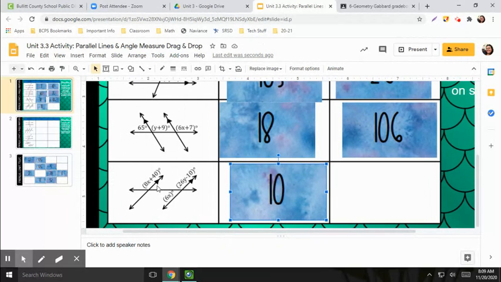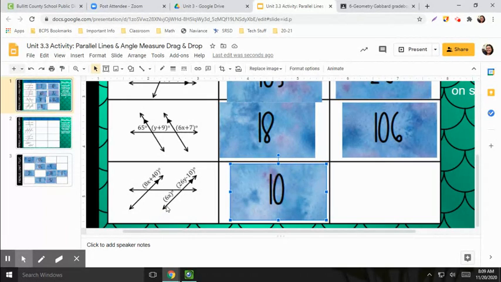So we have solved for x, but we still need to solve for y. Since we do not have another y to solve through, we're going to have to find the actual measure of one of these angles and then work through it like that. We know we can solve the measure of this obtuse angle, and if we solve the measure of this obtuse angle, then it's going to equal the measure of this obtuse angle, and we can solve through.